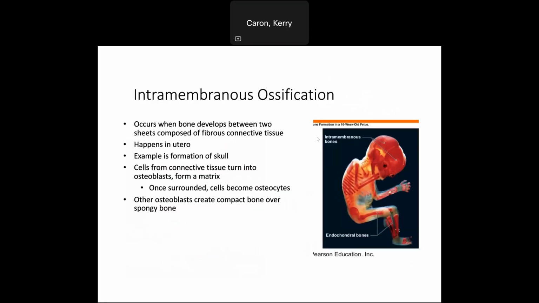So intramembranous ossification happens when bone develops between two sheets in utero, okay? An example of this is the skull. So there's two sheets and cells from connective tissue turn into osteoblasts, building that matrix, that skull, and eventually become osteocytes.